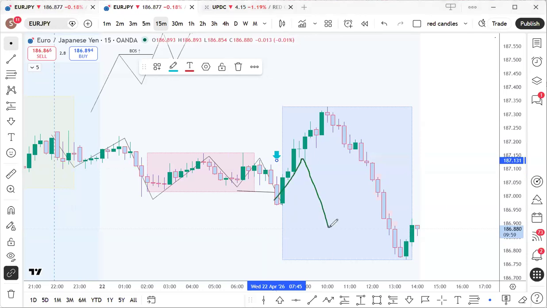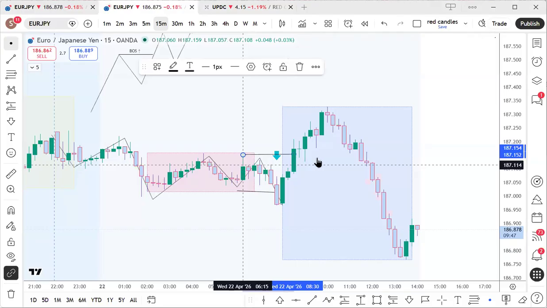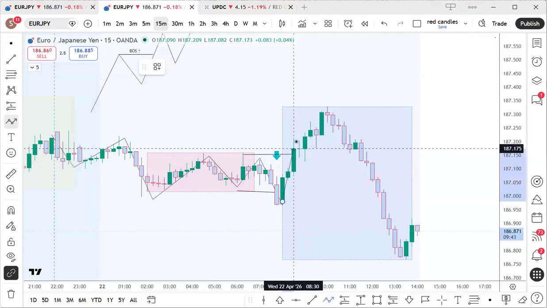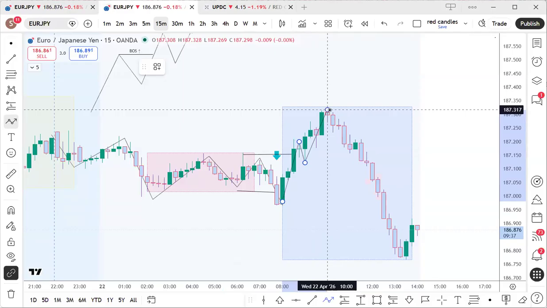You expect a pullback and therefore price to come back down. But price did not do that. So what did price do instead? Price decided to give a trend change. It broke these tops. Okay. And then it gave you a small pullback right there. So it came here, broke the lows, just gave you a small pullback and then went up.